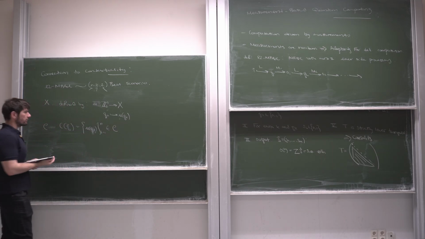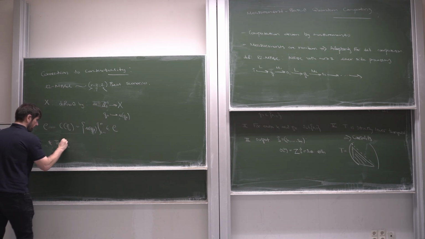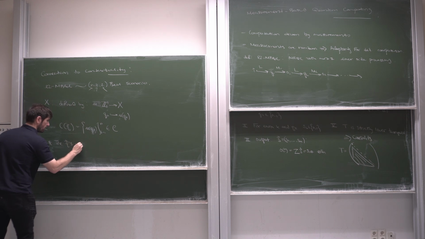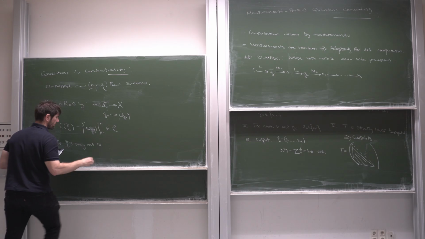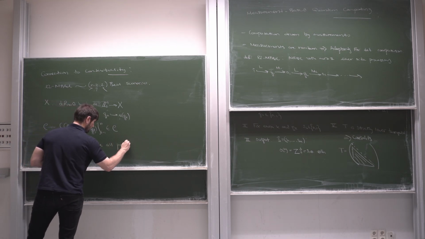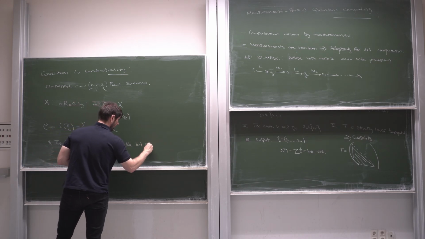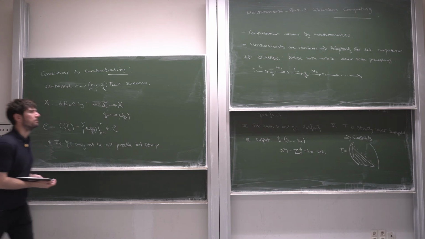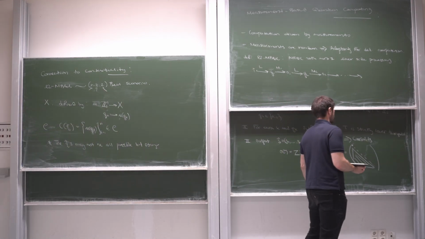One point of subtlety here is that the q's may not be all possible bit strings. By which I mean we have a particular formula for how we get the q's.